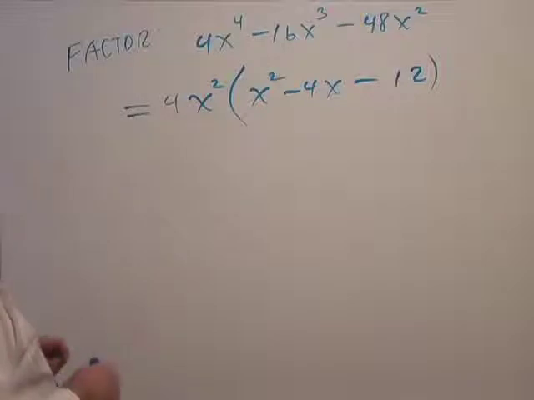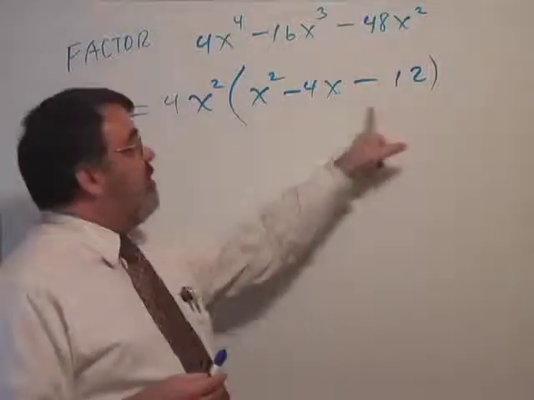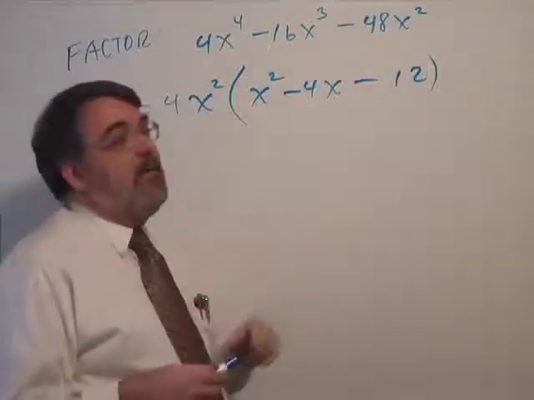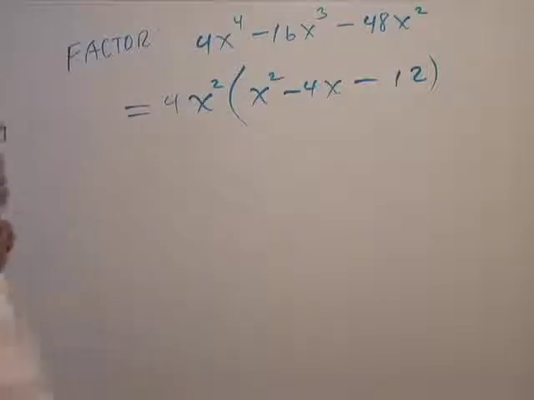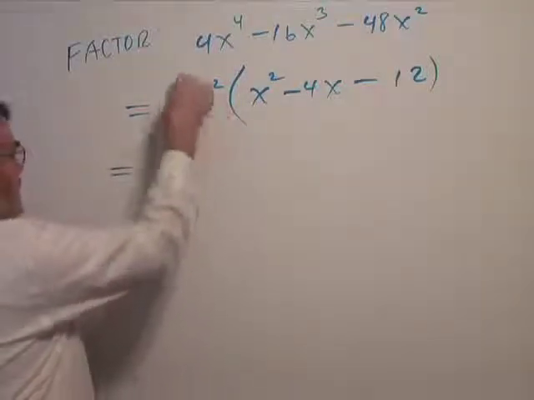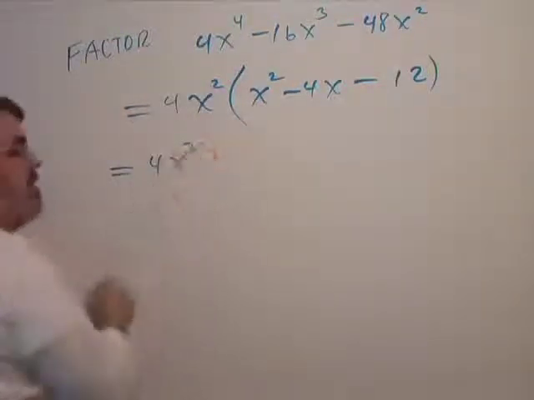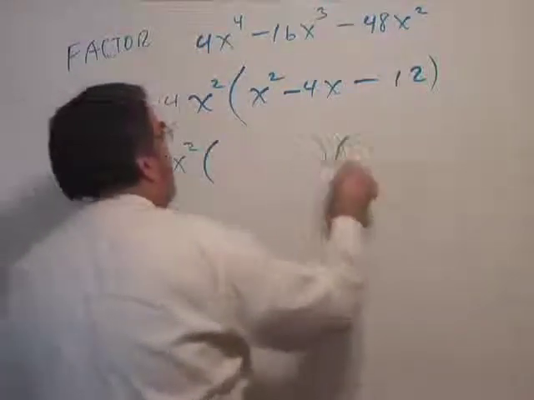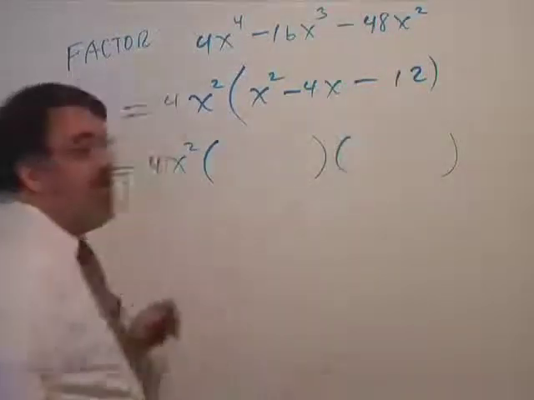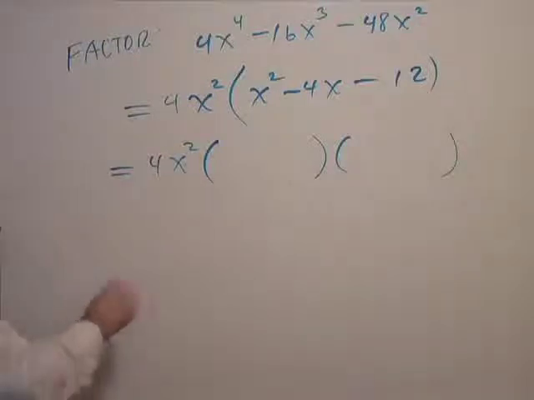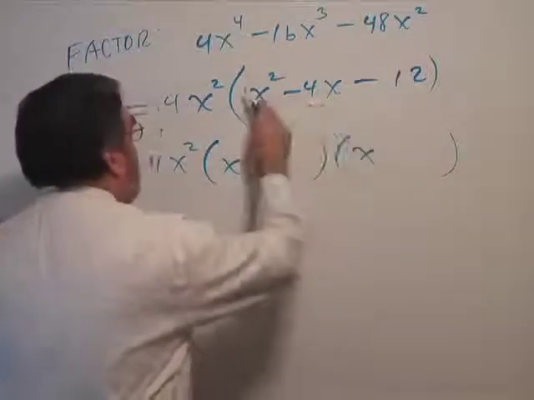All right, so the question remains, will this trinomial factor? And let's give it a try. And again, don't forget your greatest common factor, 4x squared. And I'll see if I can break up this into two pieces. So I know x's have to go here to get x squared.